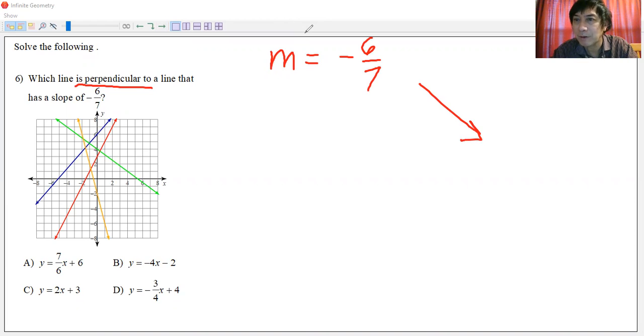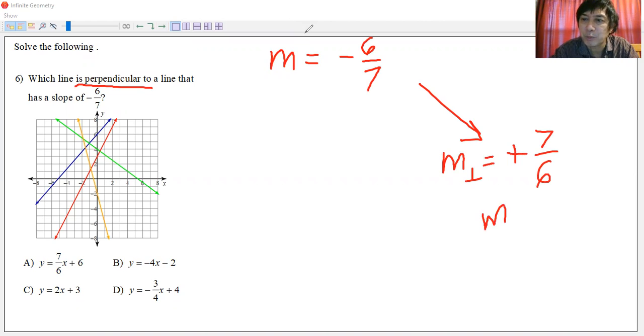So negative of the negative is a positive. And the reciprocal of 6/7 is 7/6. So this is the required perpendicular line, and this is simply 7/6. If you're going to choose from the choices, you have letter A there.